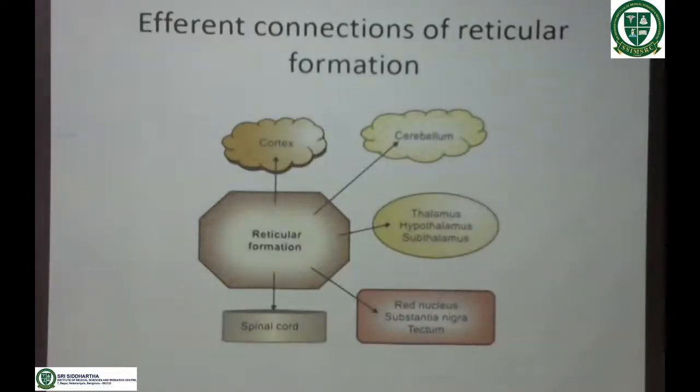Coming to the efferent connections of the reticular formation. The reticular formation sends signals to the cortex, cerebellum, thalamus, hypothalamus and subthalamus, then the spinal cord, red nucleus, substantia nigra and tegmentum. These are all the efferent connections for the reticular formation.